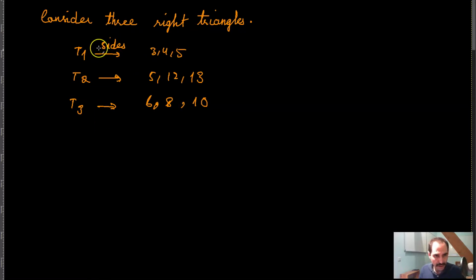So you have these three triangles, and which triangles among T1, T2 and T3 are related?